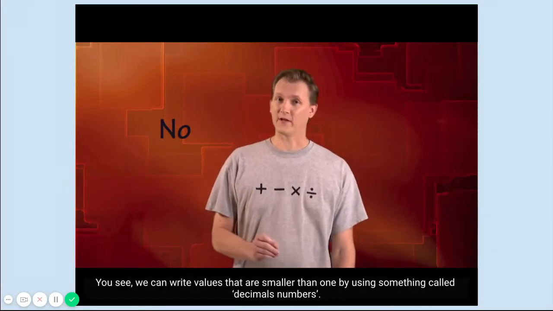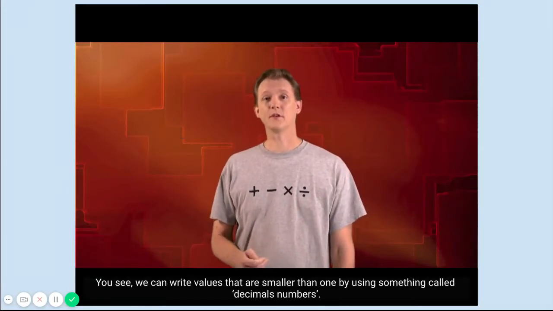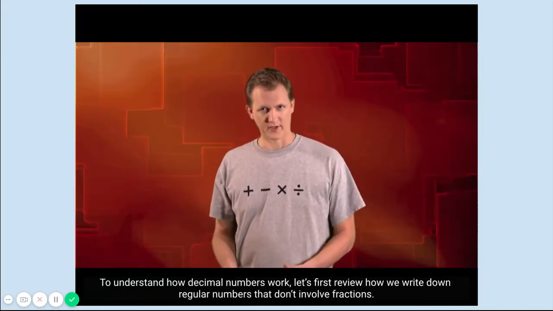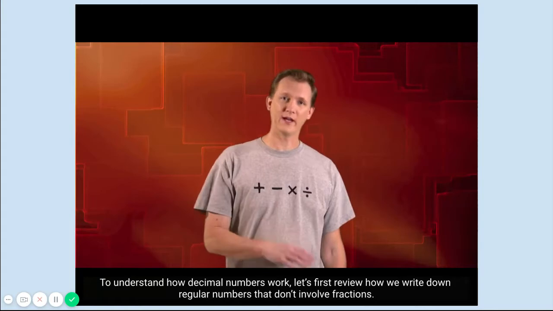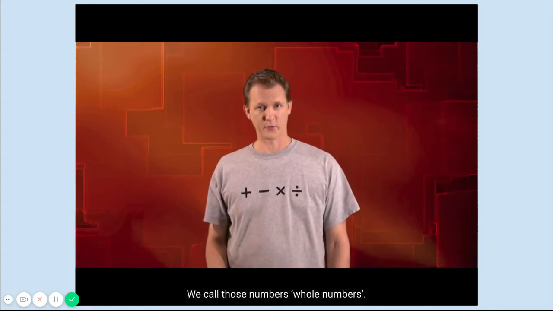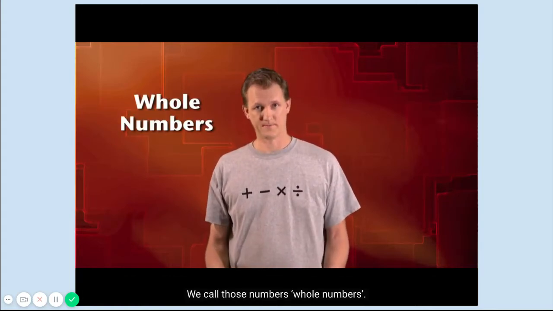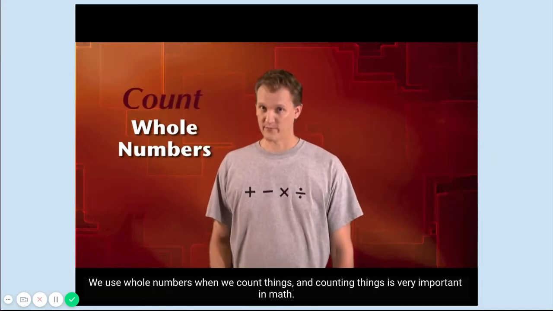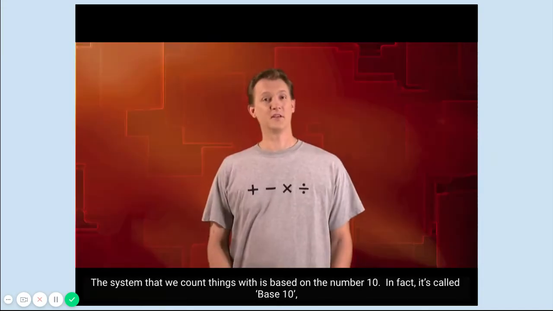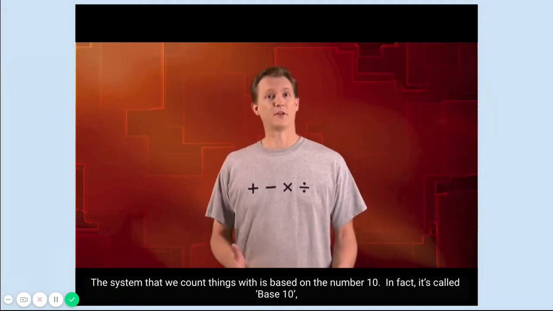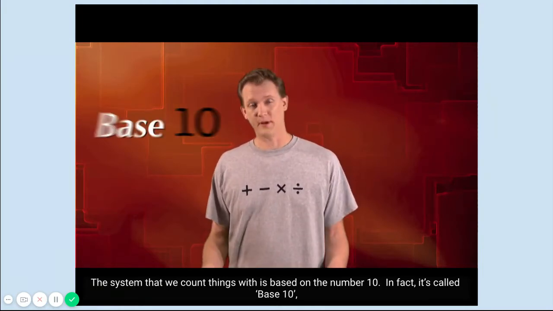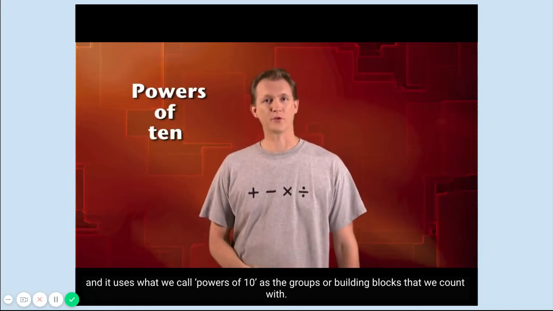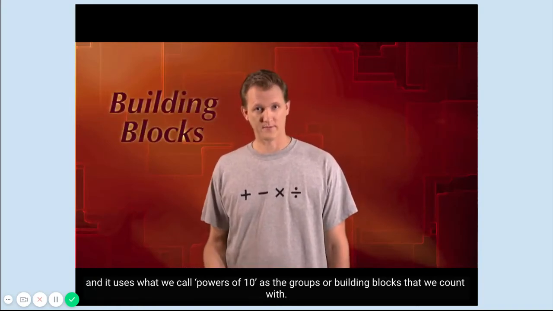You see, we can write values that are smaller than 1 by using something called decimal numbers. To understand how decimal numbers work, let's first review how we write down regular numbers that don't involve fractions. We call those numbers whole numbers. We use whole numbers when we count things, and counting things is very important in math. The system that we count things with is based on the number 10. In fact, it's called base 10. And it uses what we call powers of 10 as the groups or building blocks that we count with.